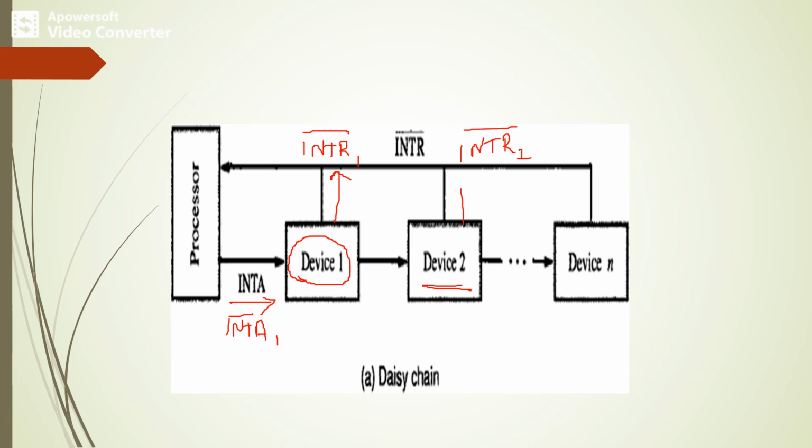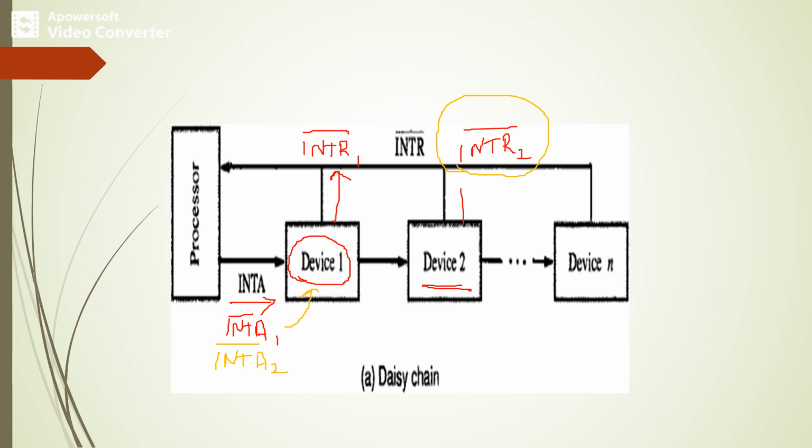The processor checks the interrupt request line and observes that there is one request placed by device 2. With respect to that request, it sends an acknowledgement, INTA2 dash. This INTA signal will be propagated through device 1.